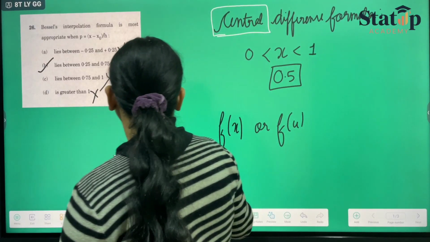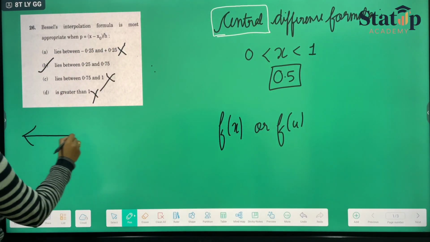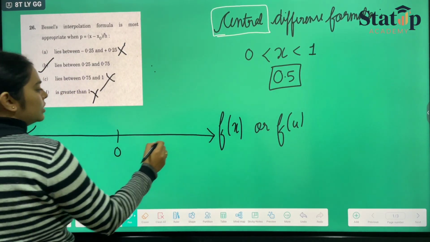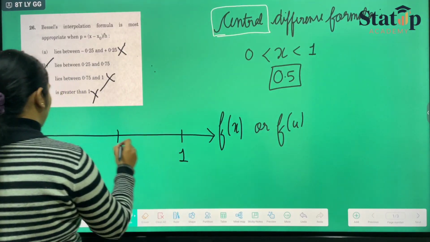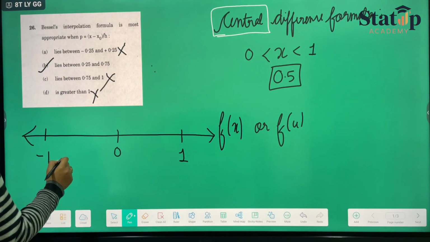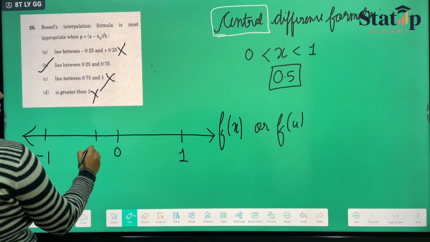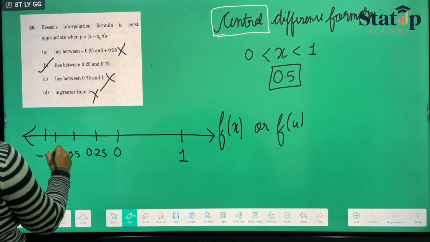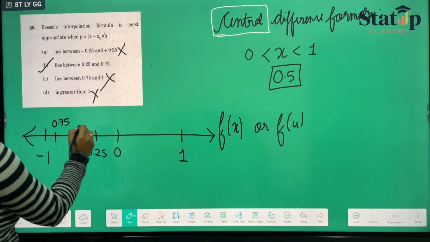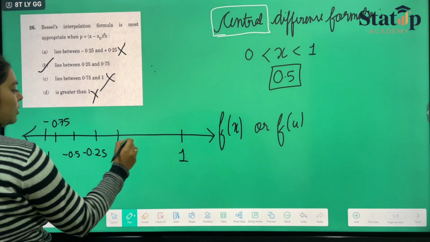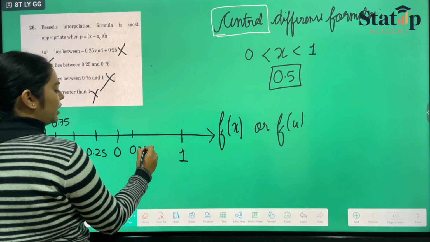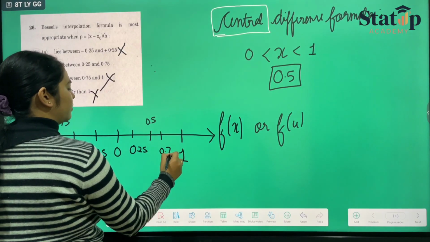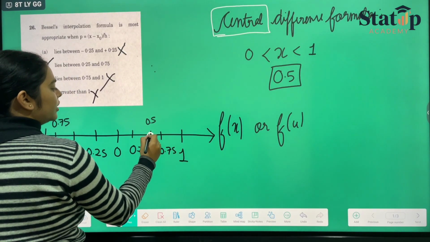No. As we can see on a number line, if I place this as 0, this as 1, and this as minus 1, in between them will be 0.25, 0.5 and 0.75. These are all in negative. Here also it will be 0.25, 0.5 and 0.75. Now 0.5 lies somewhere here.